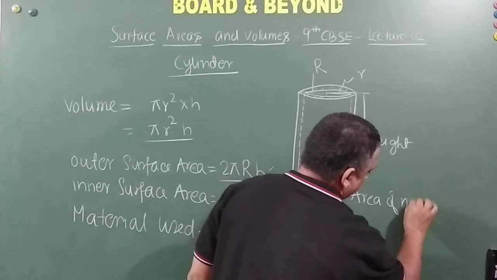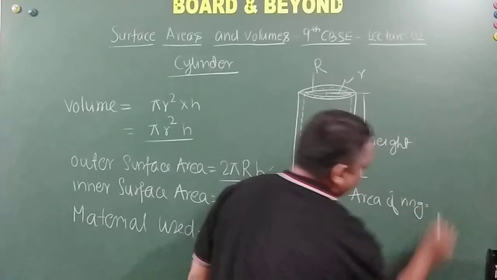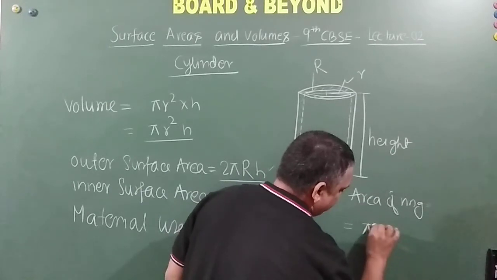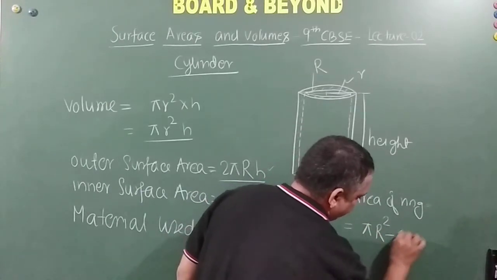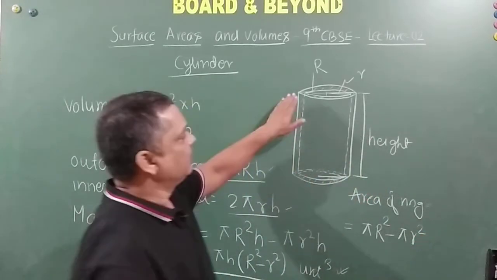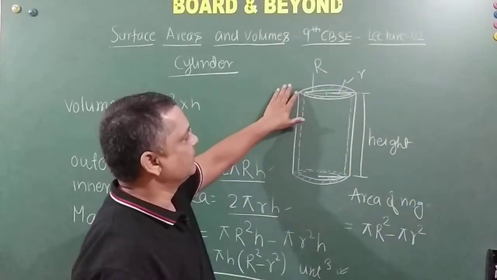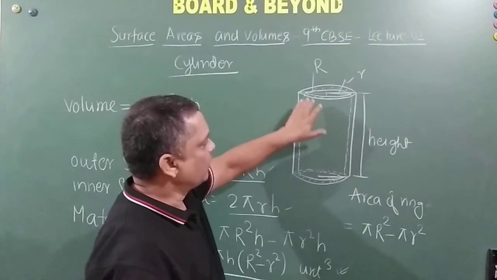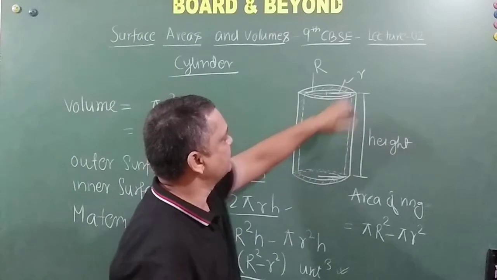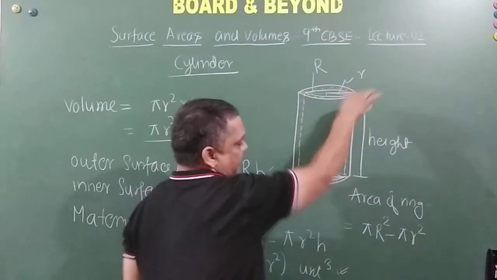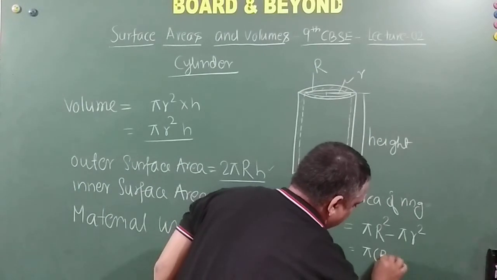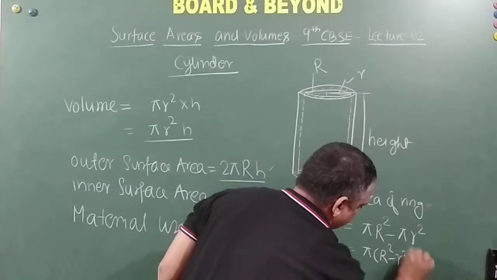The area of the ring will be equal to pi R square minus pi r square. Are you all there with me? Pi R square will give me the complete area here. If I subtract the small r area, that is pi r square, that is this, I'll get the area of the ring, which is equal to pi into R square minus r square.